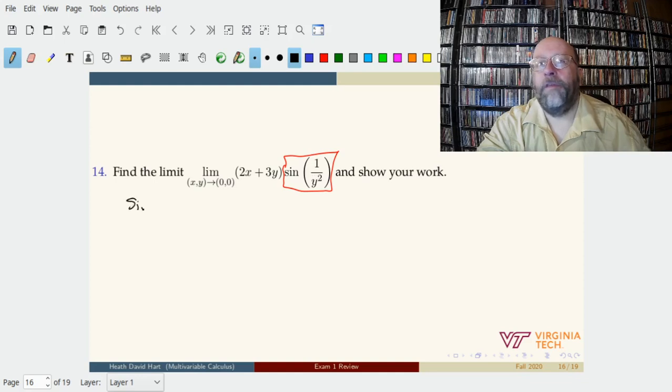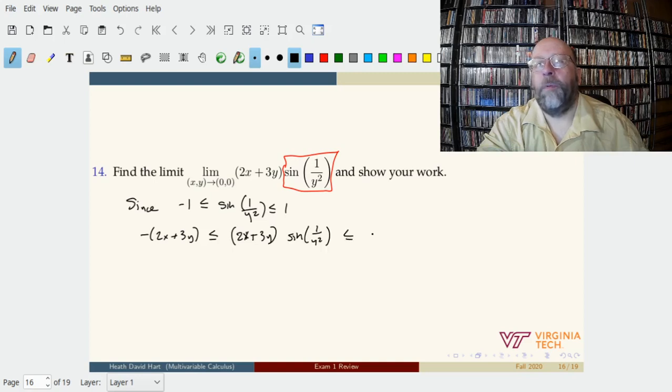So since negative 1 is less than or equal to sine of 1 over y squared is less than or equal to 1, then negative 2x plus 3y is less than or equal to 2x plus 3y times the sine of 1 over y squared is less than or equal to positive 2x plus 3y.